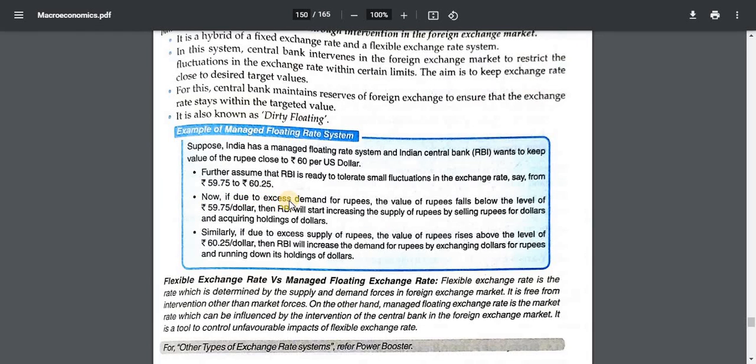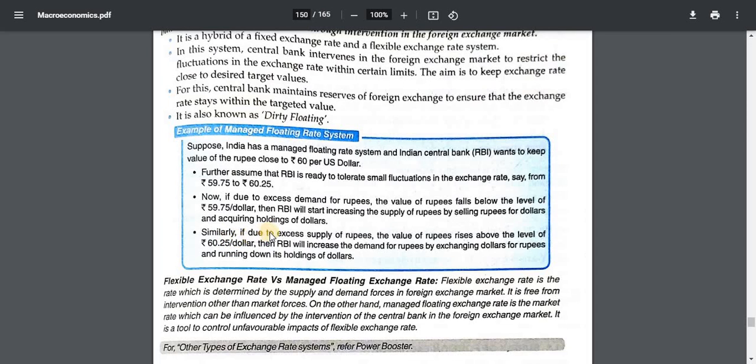Now, if due to excess demand for dollars, the value of the rupee falls below ₹59.75 per dollar, then RBI will start increasing the supply of rupees by selling rupees for dollars and acquiring holdings of dollars.